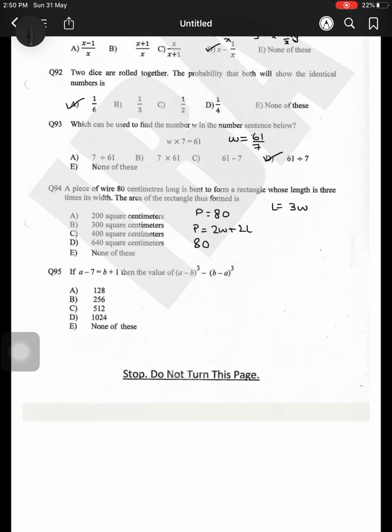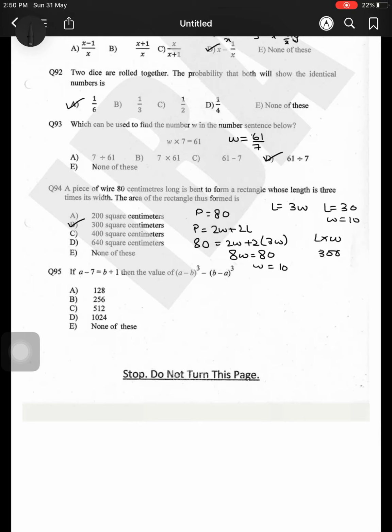So if we substitute that, it's going to come out to be 2w plus 2 multiplied by 3w. It's going to be 8w is equal to 80, w is equal to 10. So L is going to be 30 and W is going to be 10. L multiplied by W is going to give us 300. So B is the answer.